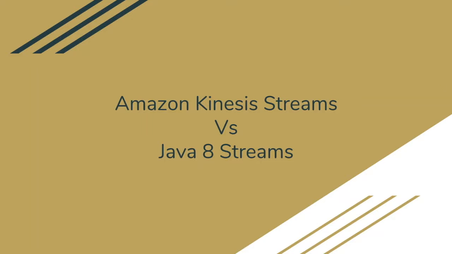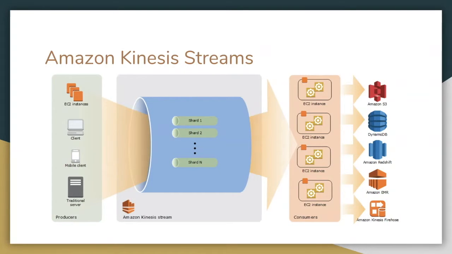Thank you. Hi, I'm Clement and I'll be introducing more about Amazon Kinesis streams and comparing it against what we have learned in class so far, which is Java 8 streams. Firstly, I'll introduce how Amazon Kinesis streams work. First, a stream is created using the AWS Kinesis console.